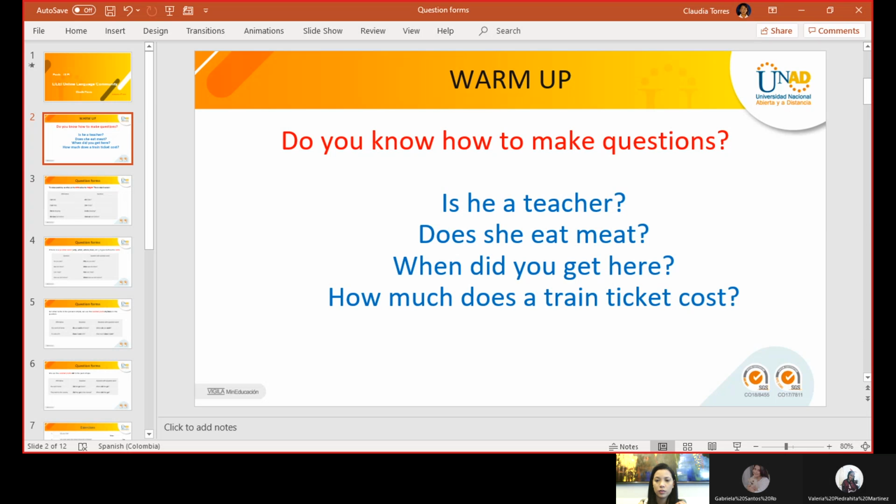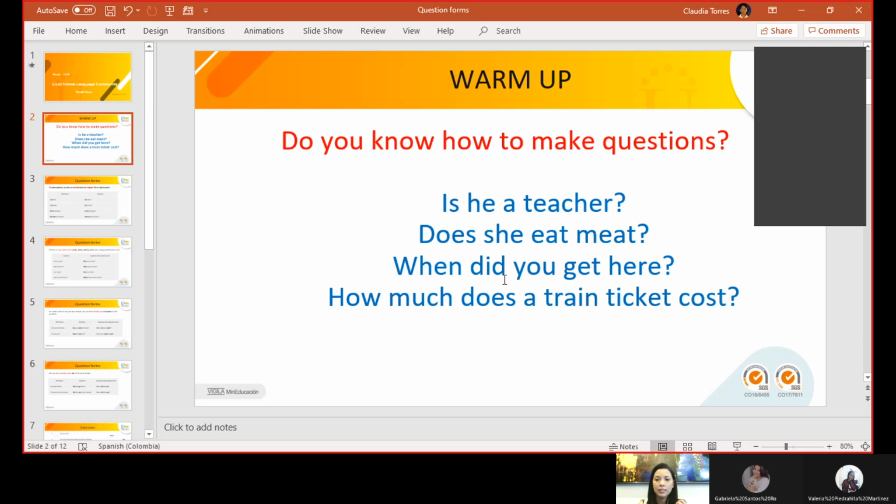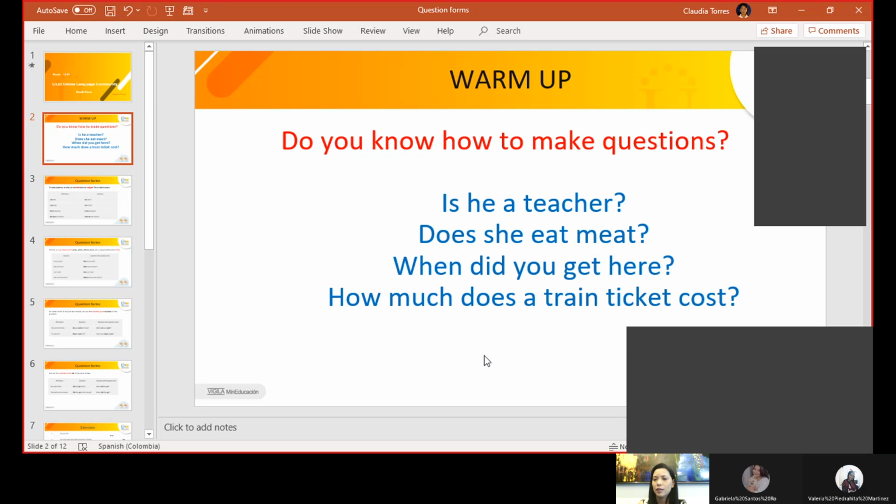When did you get here? And how much does a train ticket cost? What can you see? What's different here? Yeah, past simple, says Gabriela. The third one is past simple, right?